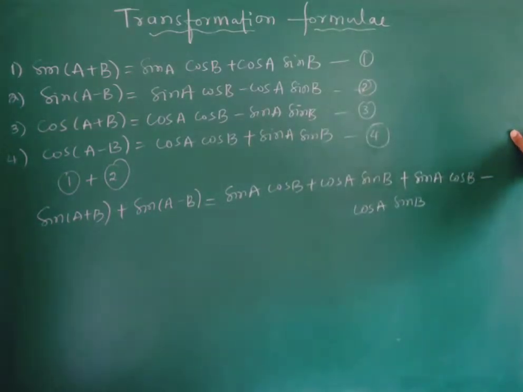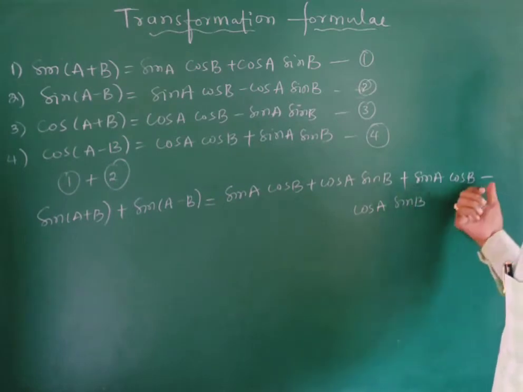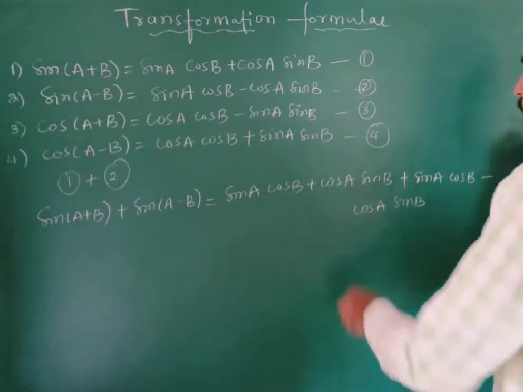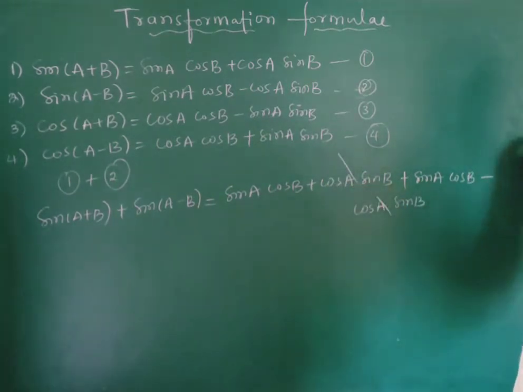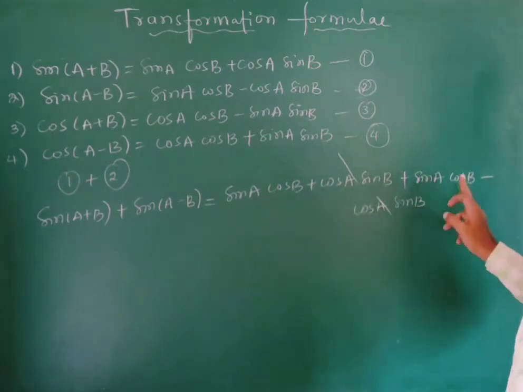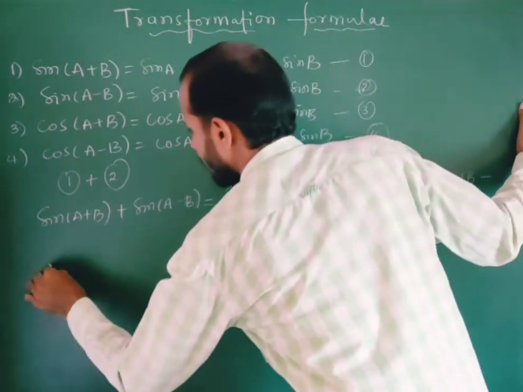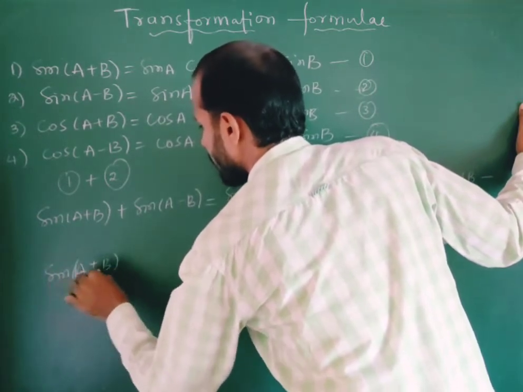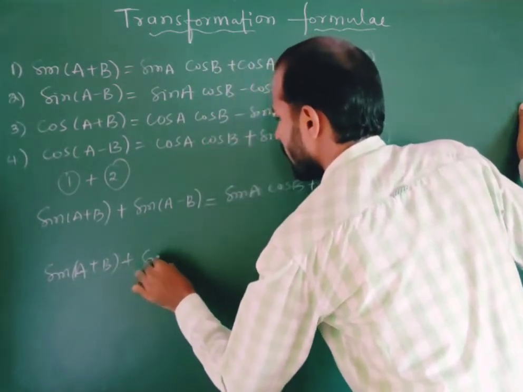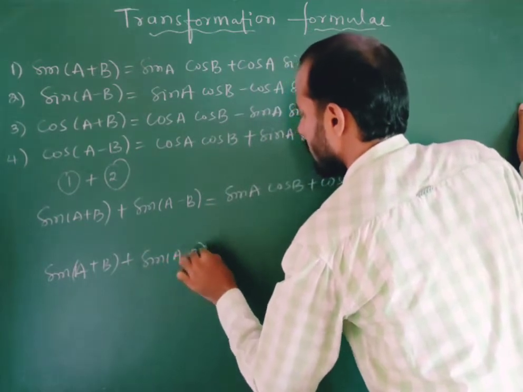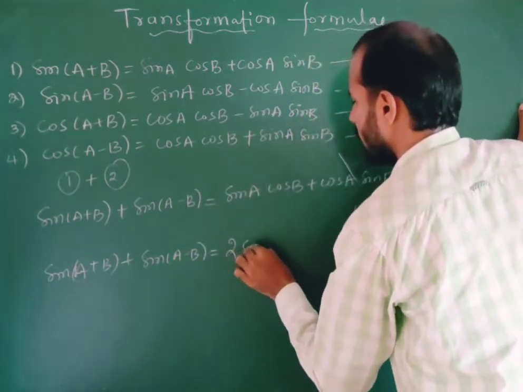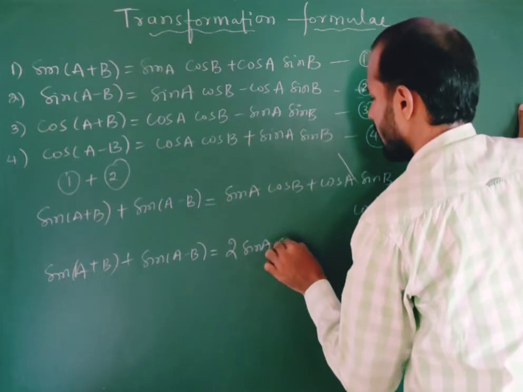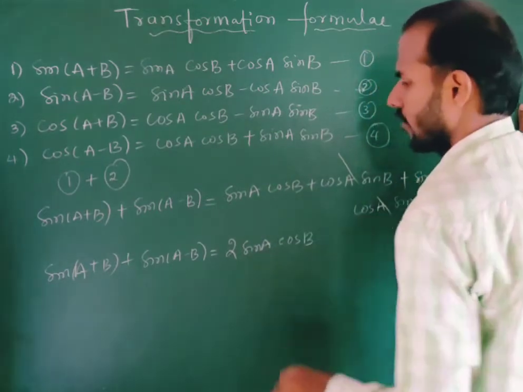Here the negative cos A sin B and positive cos A sin B get cancelled. The remaining is sin A cos B, sin A cos B. Therefore, sin(A+B) plus sin(A-B) equals 2 times sin A cos B, right?